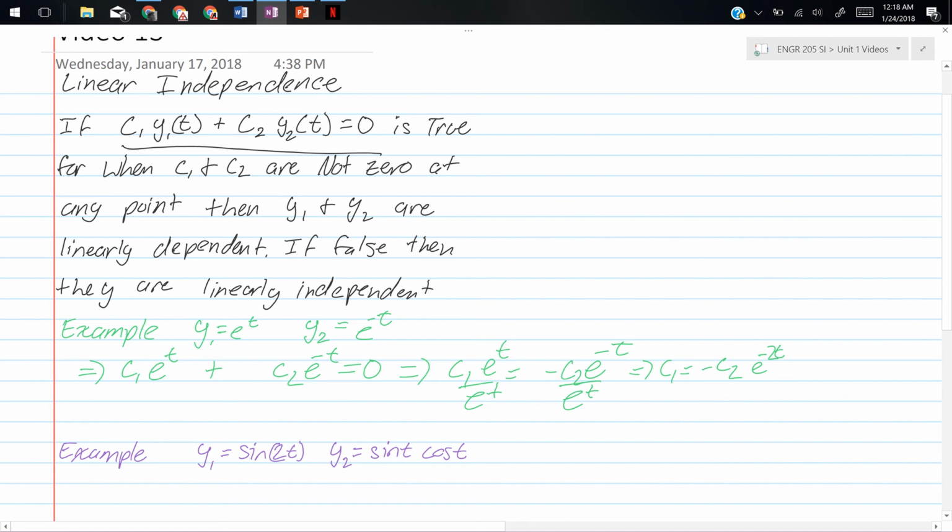Now, since I solved for a coefficient and got the other coefficient with a function of t, that means that there's no c1 or c2 that is just a number that I can use to make this equation true. So since I could not make the equation true, it means that they are linearly independent. So therefore, linearly independent.